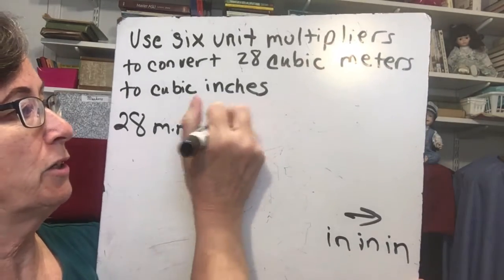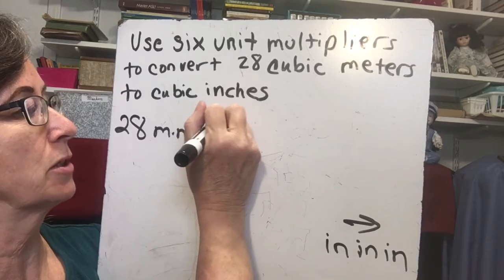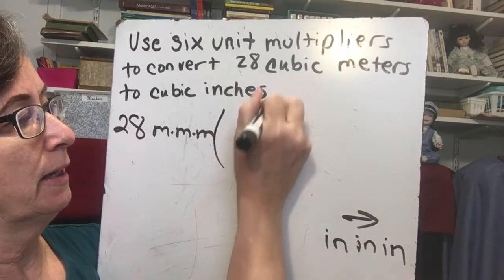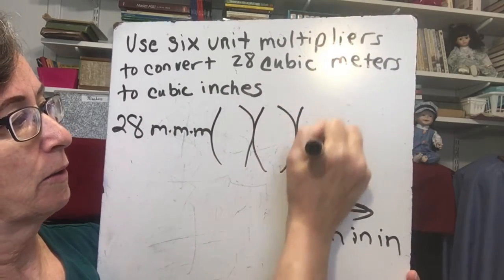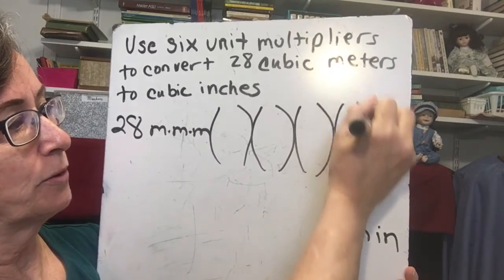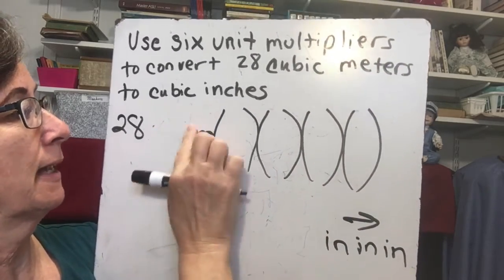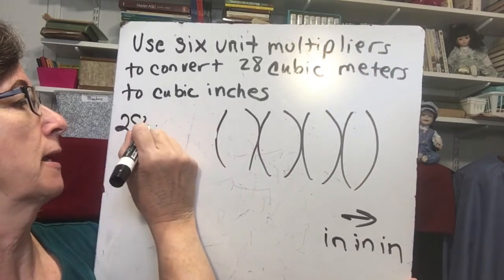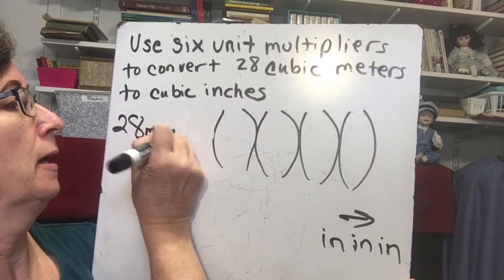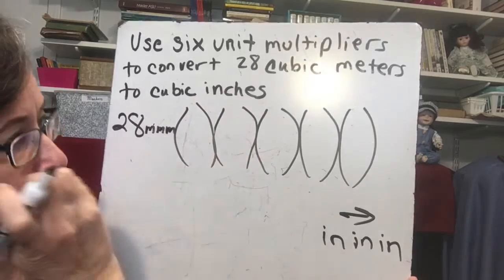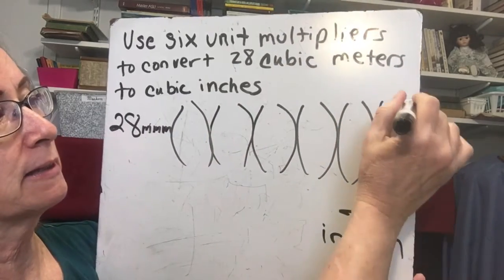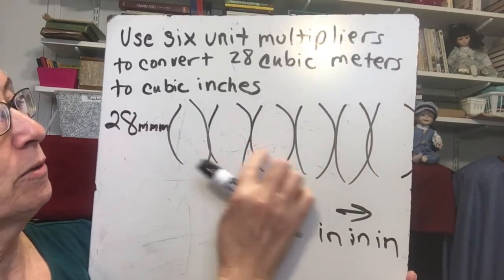So we're going to use 6-unit conversions. So let's go 1, 2, 3, 4. Oh no, I started them off too big. Let's make these a little bit smaller. So let's go M, M, M, and that leaves me one more space and one more space. Okay, so 1, 2, 3, 4, 5, 6.